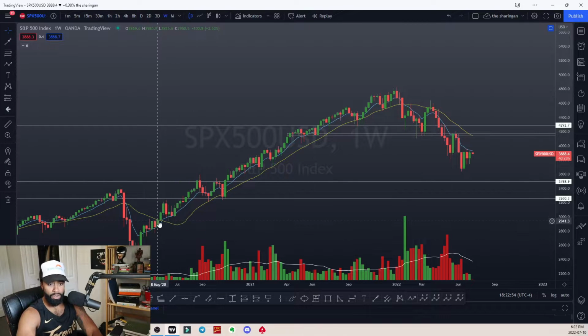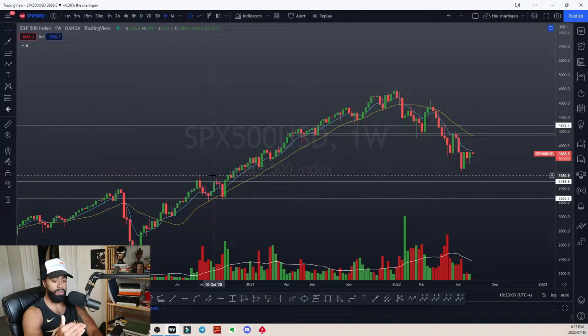So again, the 8 crosses over the 20, and then we use the 8 and the 20 as support in a bull market. Along with that, you see these indexes, stocks, ETFs, cryptocurrencies, whatever you want to chart, you'll see that when those conditions are true, the 8 EMA and the 20 EMA are being used as support, the 8 is crossed over the 20, and you start to see the aspects of an uptrend, right?